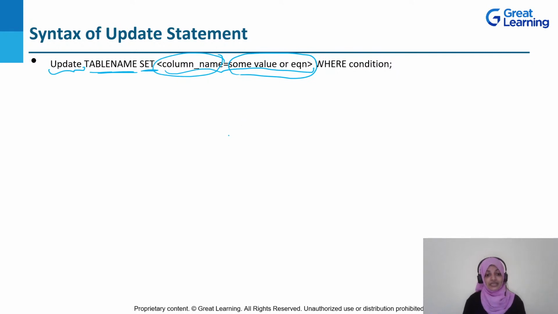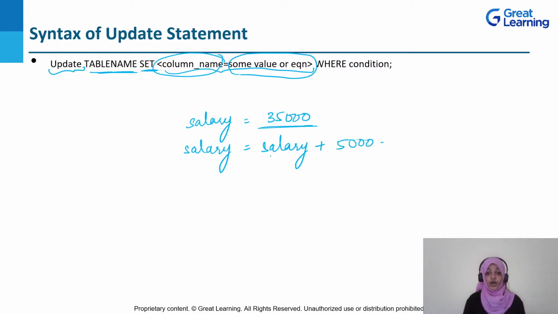So we can either set, for example, the salary equal to say 35,000, or we can set the salary equal to salary plus 5,000. So either we can just straight give a value, or we can give an equation to the column that we want changed here.